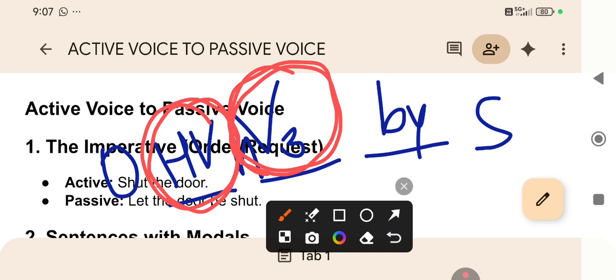For example, go, went, gone. So in passive voice, everywhere, if you are using go, that will be gone. Go becomes gone. That's a very important part of passive voice.